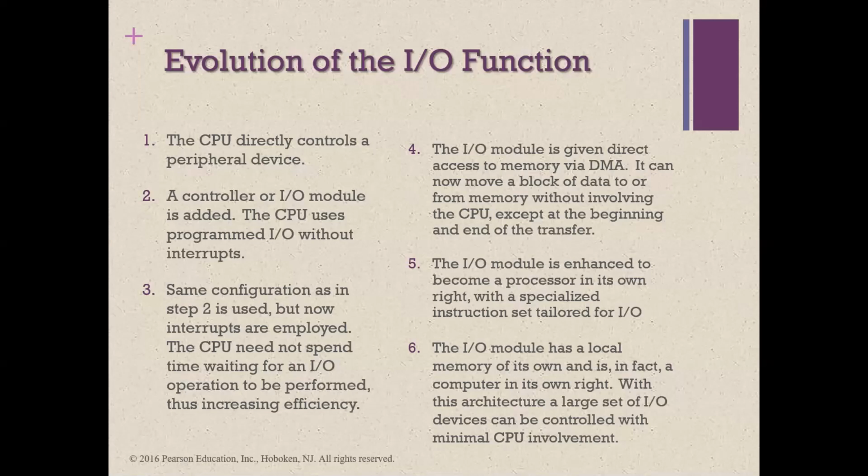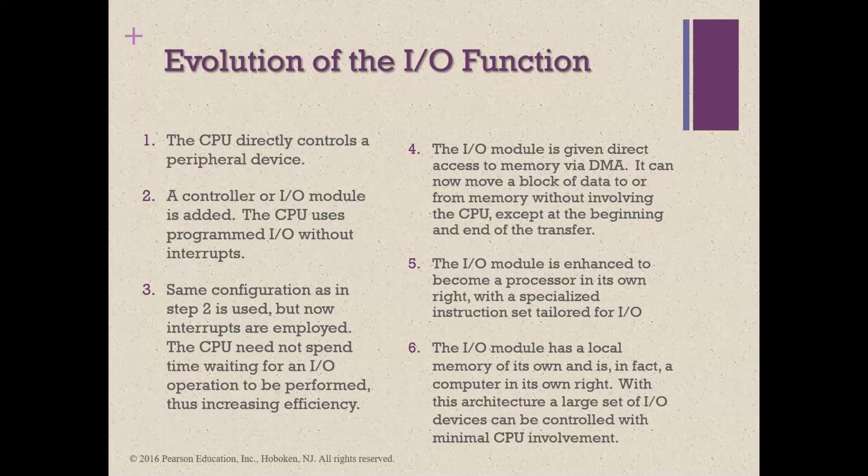So we take a look at the evolution of the IO function. As computer systems have evolved, there has been a pattern of increasing complexity and sophistication of individual components. Nowhere is this more evident than the IO function.